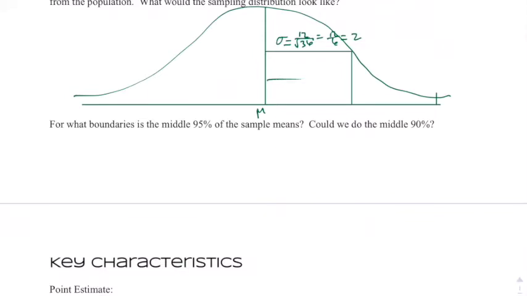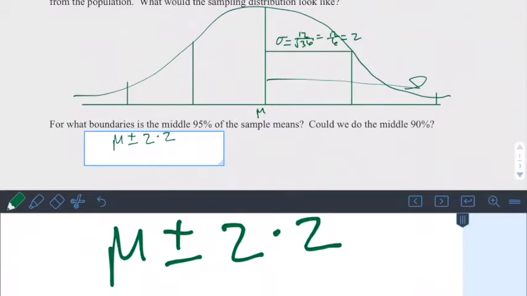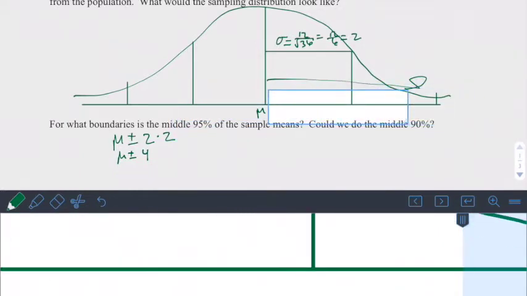So that's 2 standard deviations above and 2 standard deviations below. So we have mu plus or minus 2 standard deviations, so 2 times 2. Okay, so mu plus or minus 4, 4 above and 4 below.